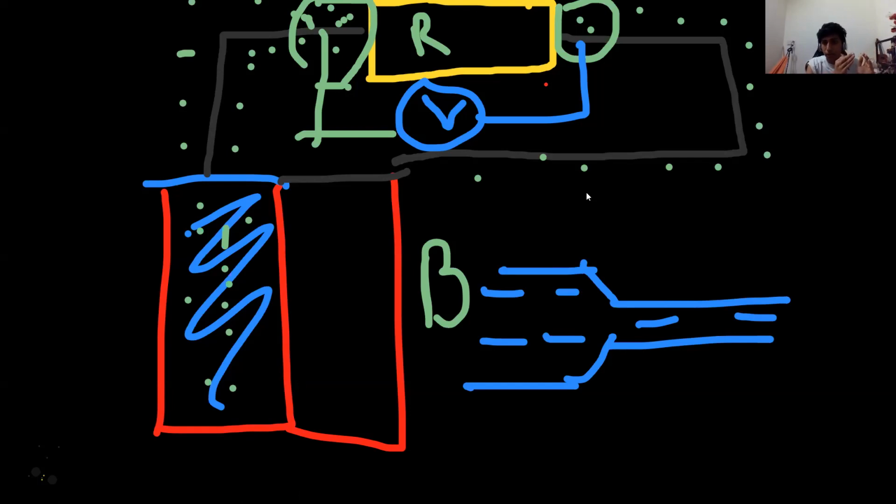So there'll be more concentration on one side than on the other side. Guys, everyone understood this? So you'll understand why one side of the resistor will have more concentration of power carriers than the other side.